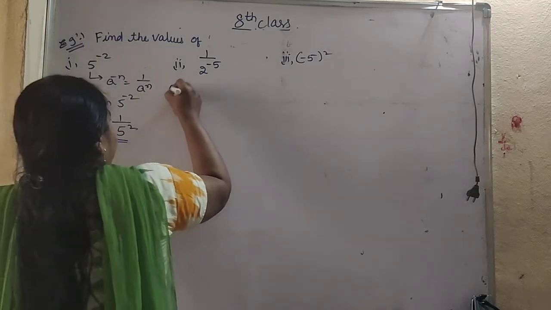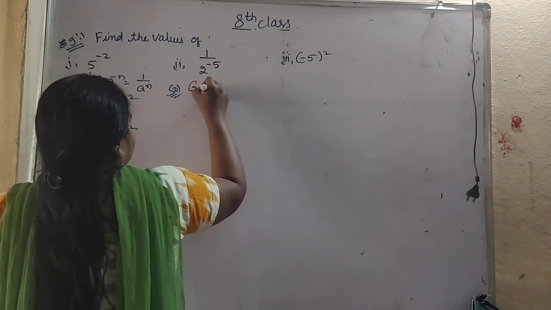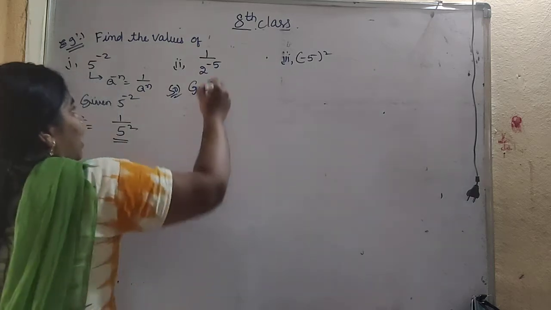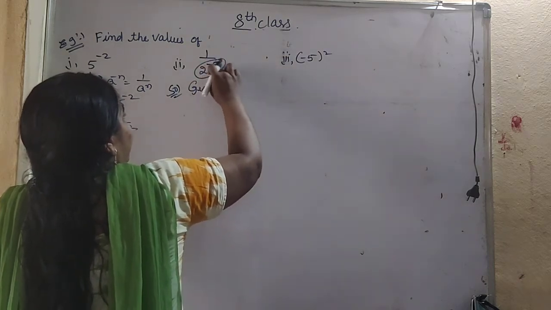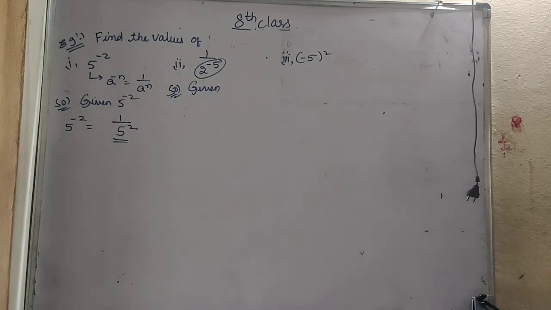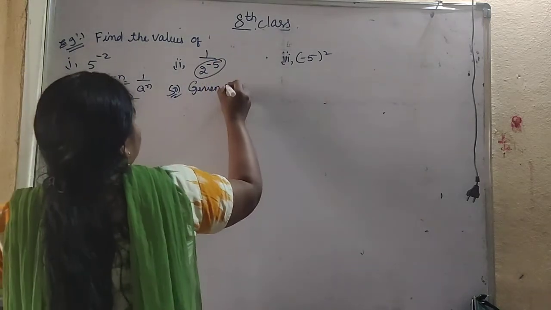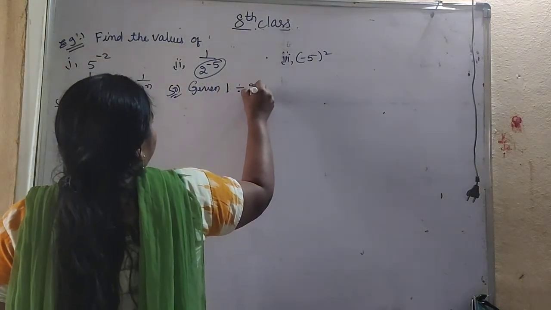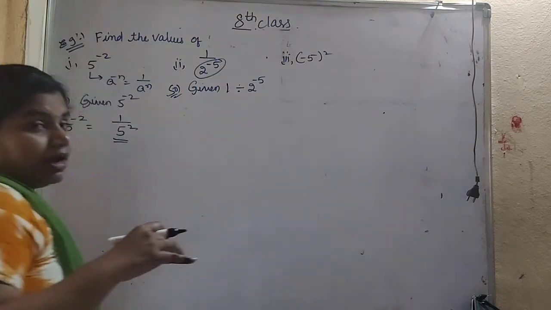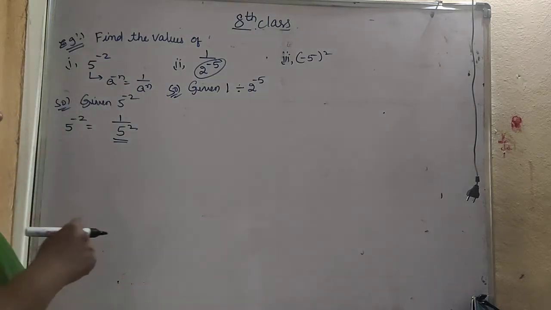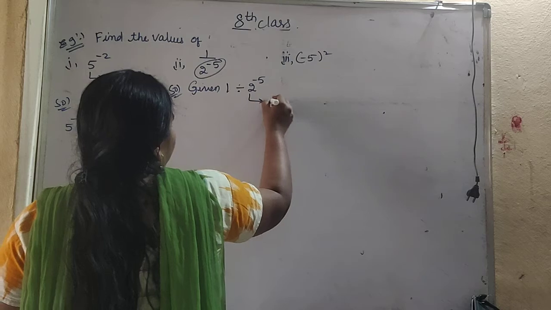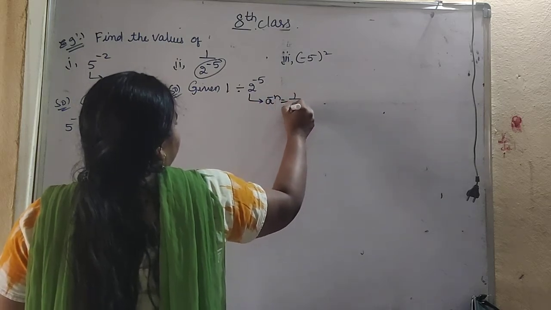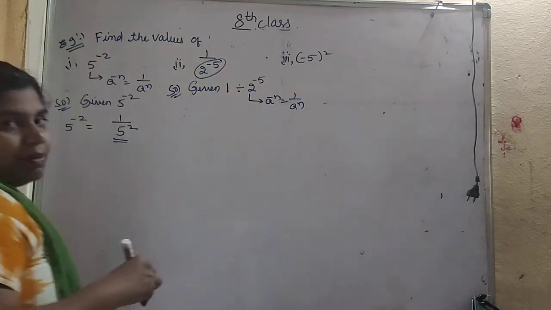So if you see the second one, now this is in the form of a power minus n, so we can write it in the form of 1 by a power n. So here I am writing 1 divided by 2 power minus 5, with the help of the division symbol. So now this is in the form of a power minus n. We can write as 1 by a power n.